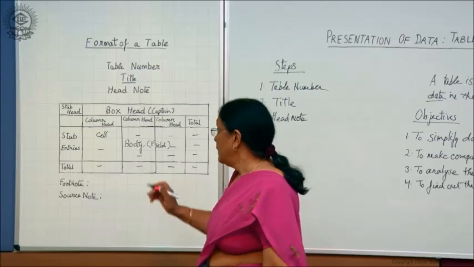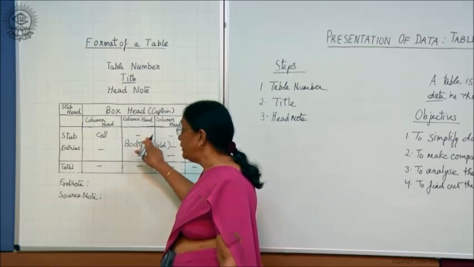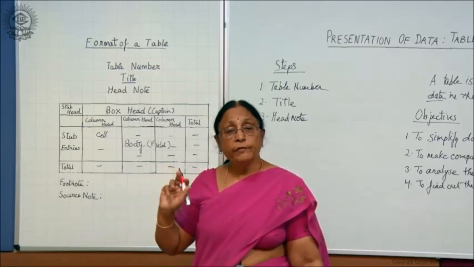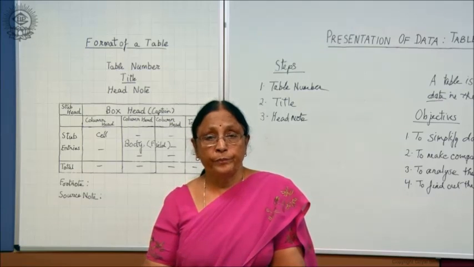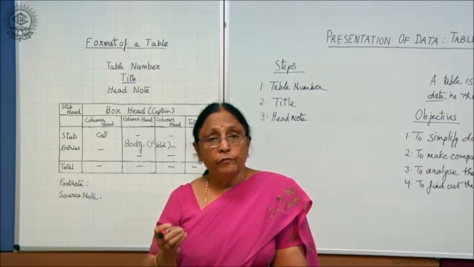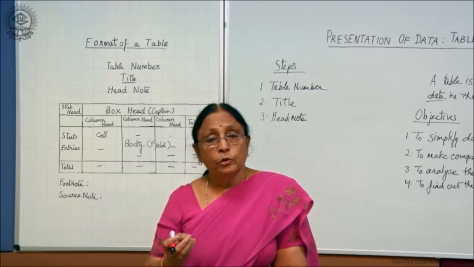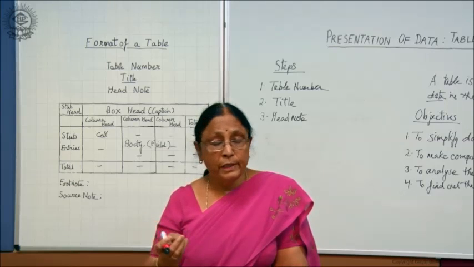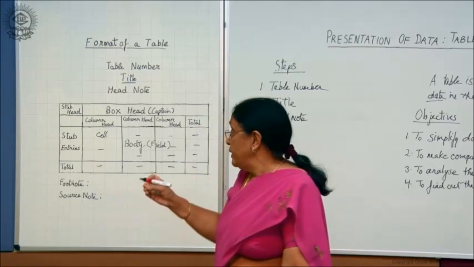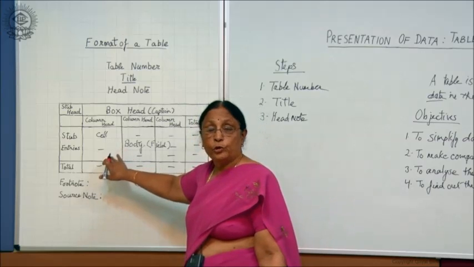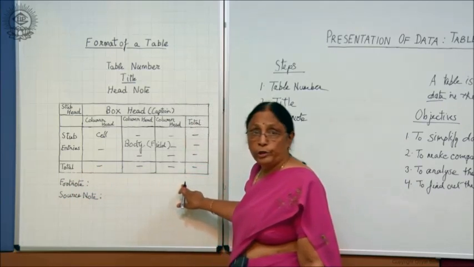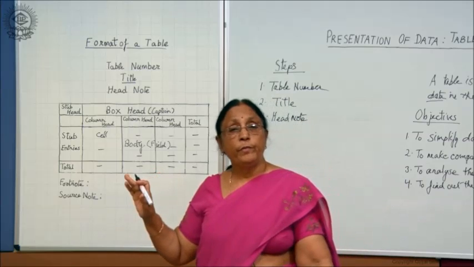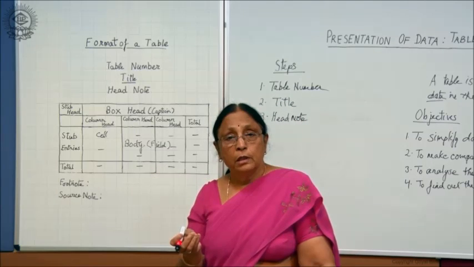If any detail you have entered here needs extra explanation, or any data given here is not self-explanatory and you want to give detailed information about it, then you can write down the footnote. It should not be very long, it may be 1 or 2 lines, right?